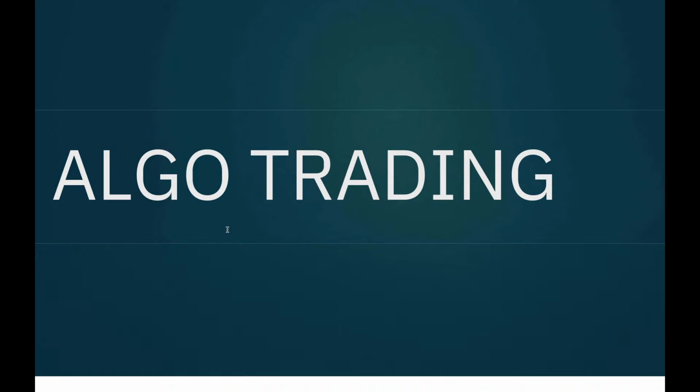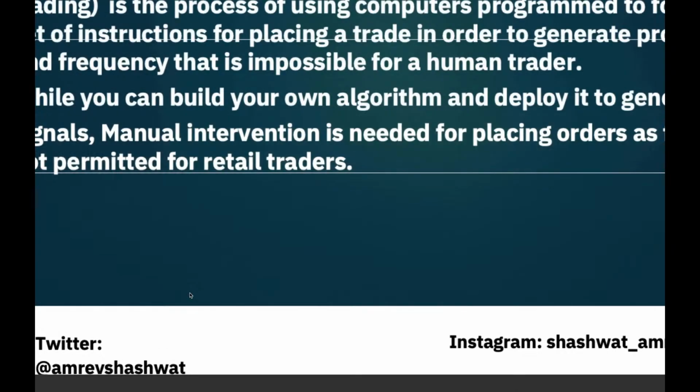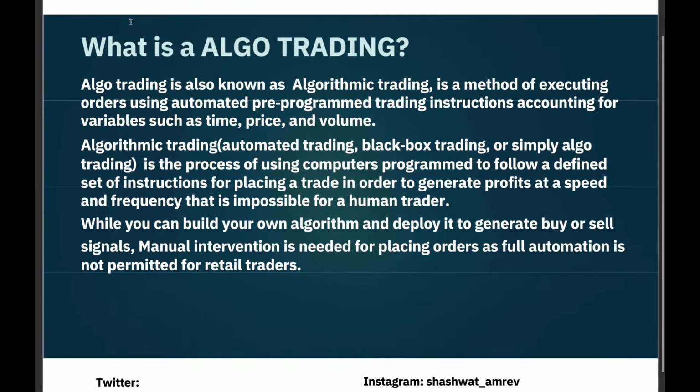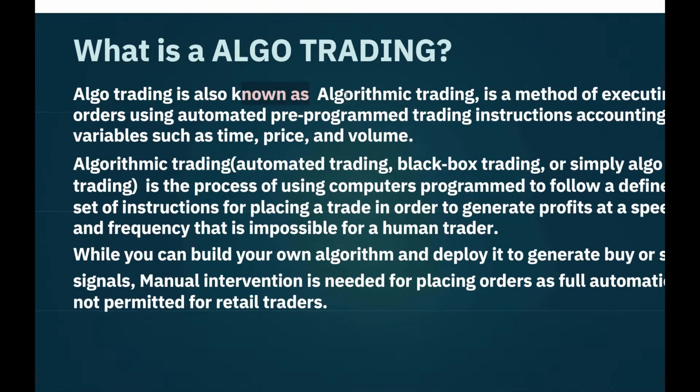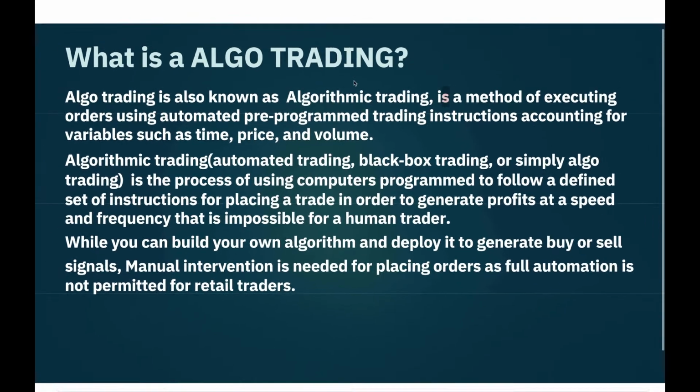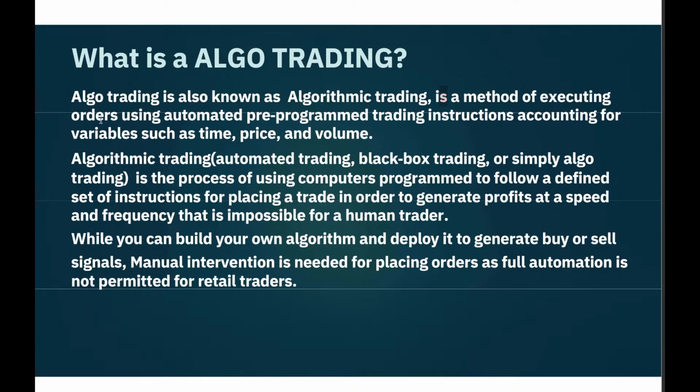So in case, for example, you want that instead of a human making errors, a computer should take trades. A computer should book the profit. So you can go for algo. What actually is algo? Algo trading is also known as algorithmic trading. It is a method of executing orders using automated pre-programmed trading instructions, right?